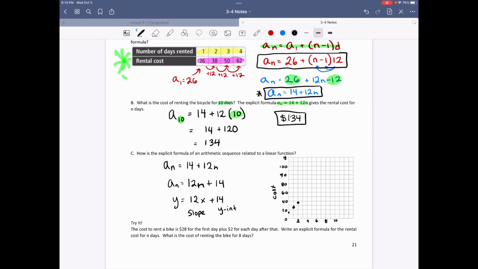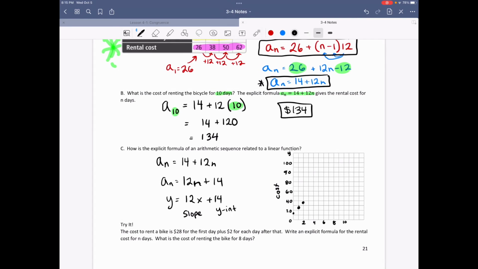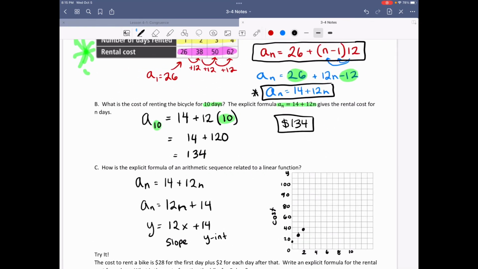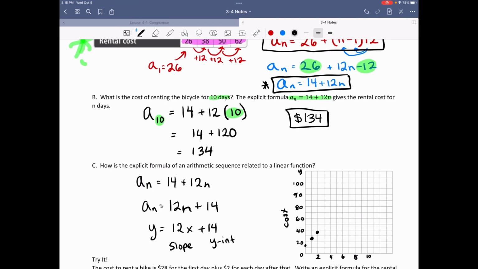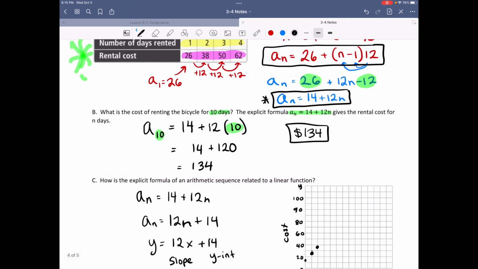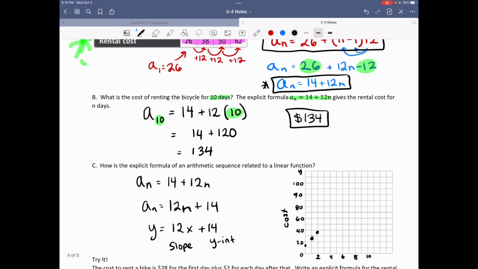Let me zoom in. And then we have in our table 3 comma 50. So 3 is right here between 2 and 4, comma 50 is right here.